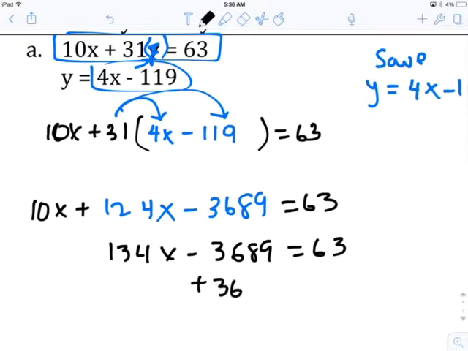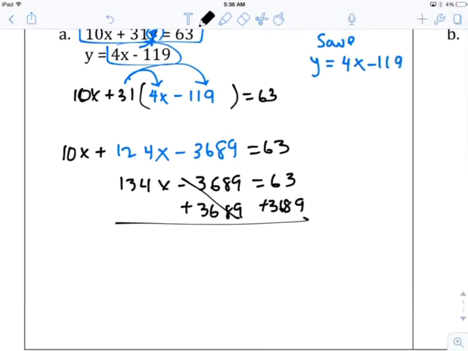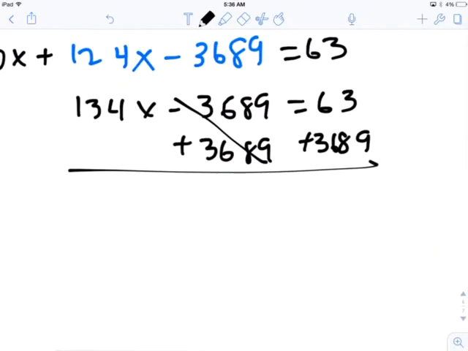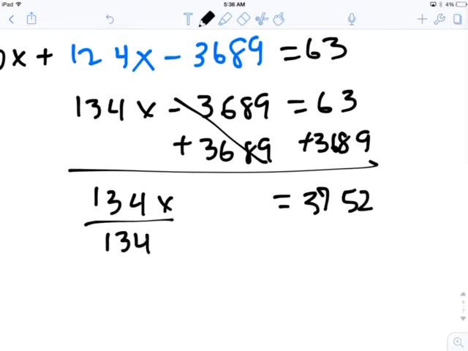You add to both sides, using the addition property of equality. Or in class, I say let's make 0 on one side. You add them together with 63 and get 3,752. Divide that by 134 and you get x is 28.